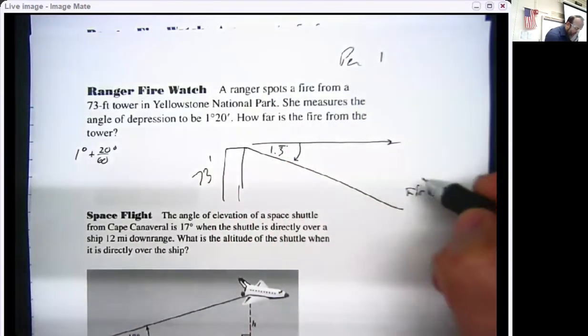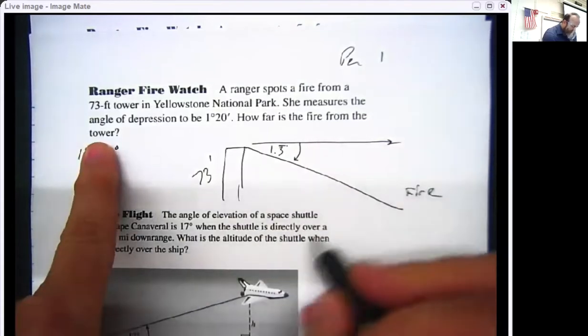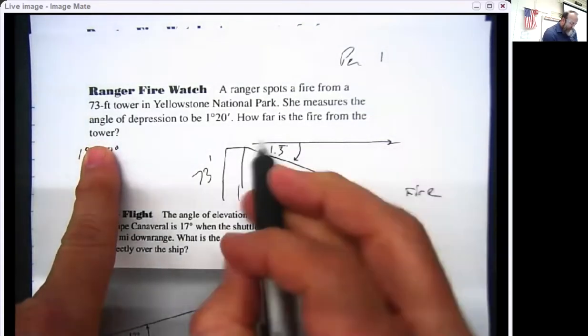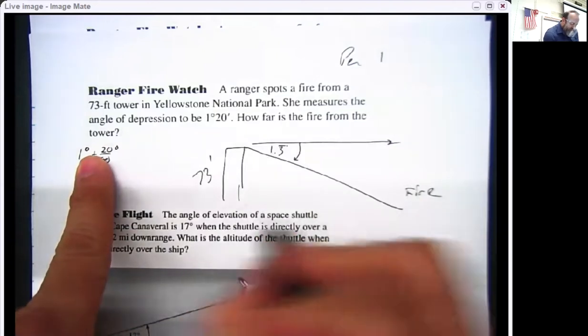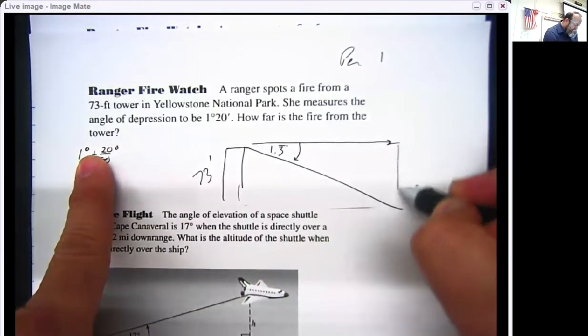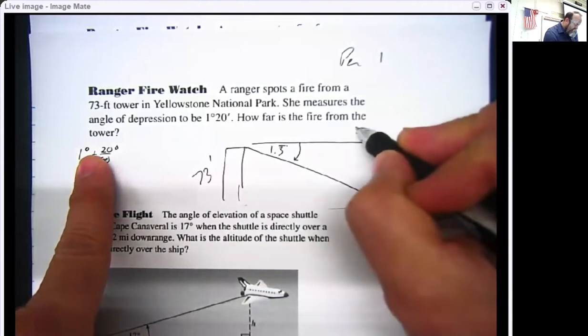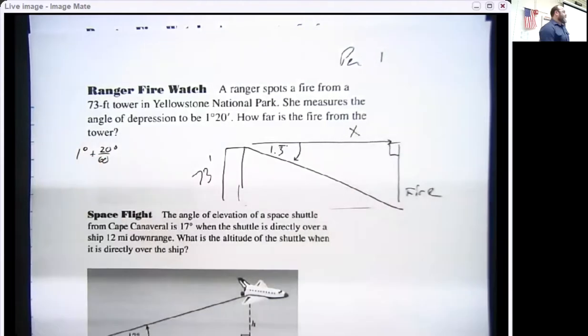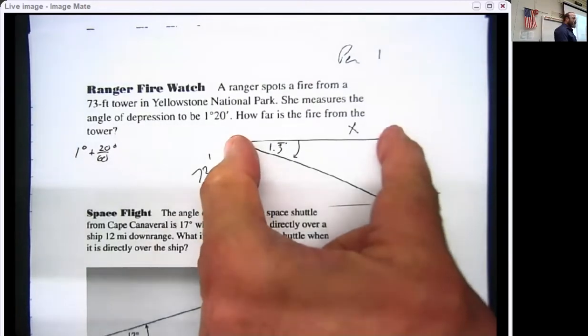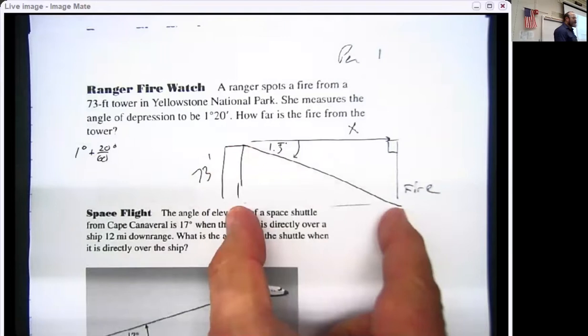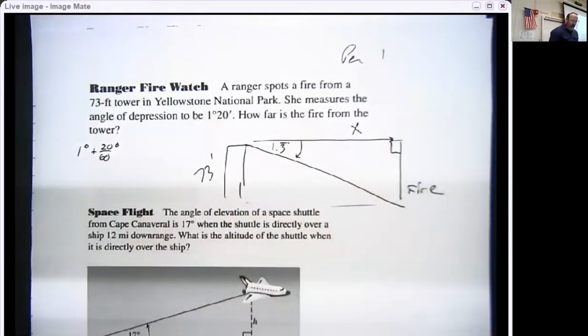And what they want to know is how far is it from the tower to the fire out here? So what is this distance right here? The way I personally like to do that is I'm going to call this distance x. That's what I want. Now, is the distance x along the air right here the same as the distance along the ground right here? So I don't really need to draw it down here. I could draw it up here.